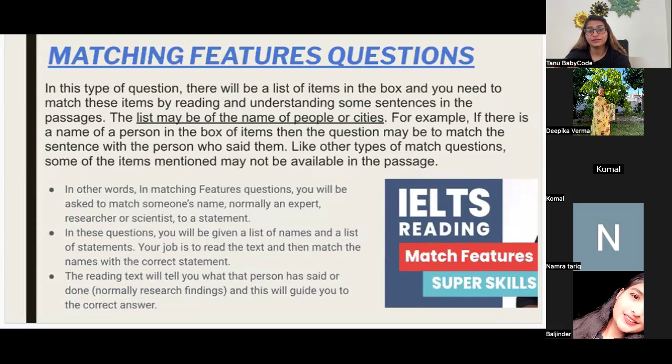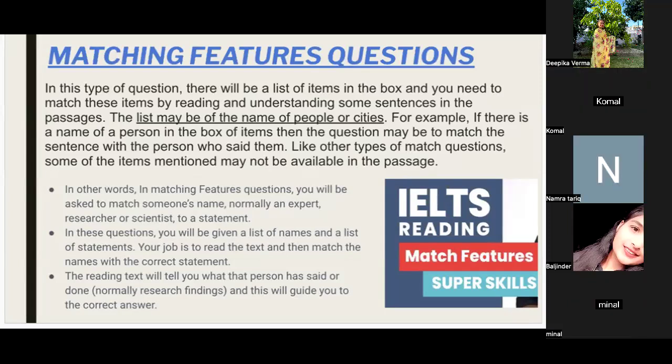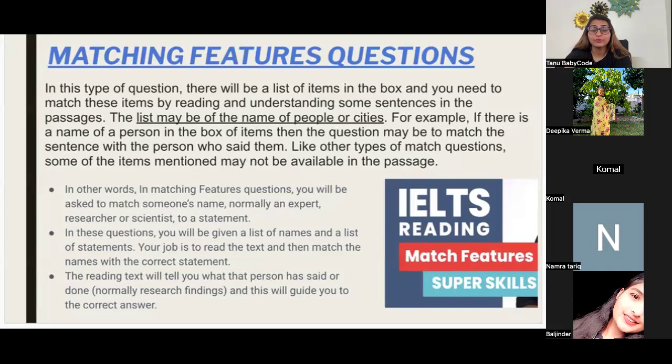So in short, what will you get here? You will have a list of names, or a list of people, or a list of cities. You have to match those lists to the sentences. For example, if you get a name of a person in the box, then the question may be to match the sentence with the person who said it. So the person who said that sentence, you have to match that with that person.